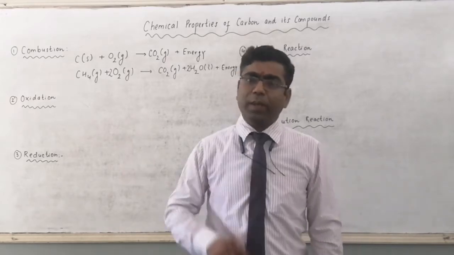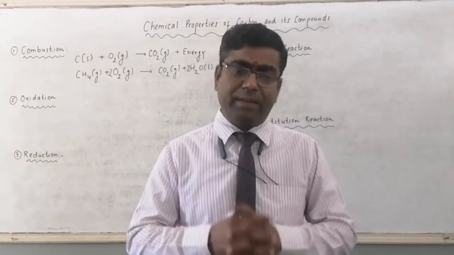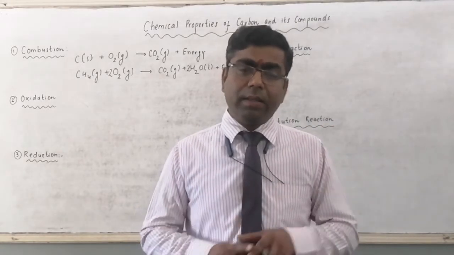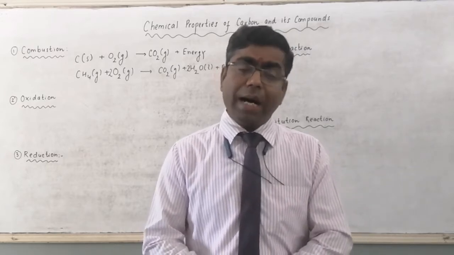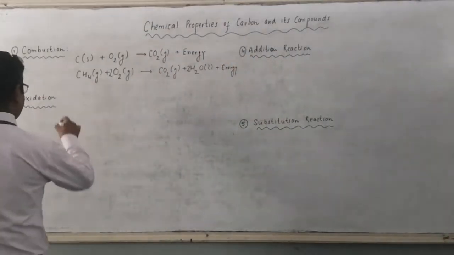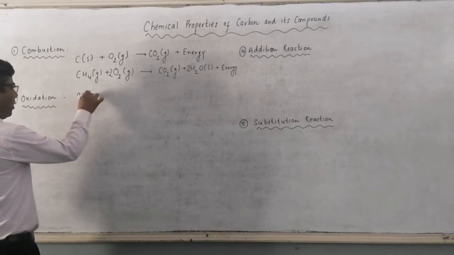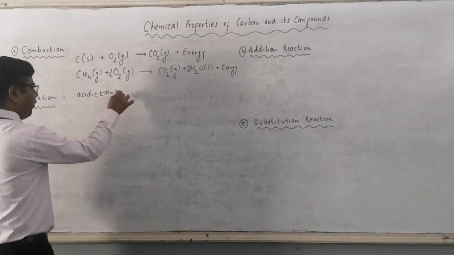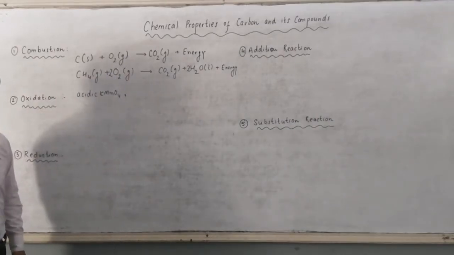This reaction takes place in presence of oxidizing agents. What are oxidizing agents? The substances which are responsible for oxidation reaction are called oxidizing agents. Like we can use acidic KMnO4, which is called potassium permanganate.